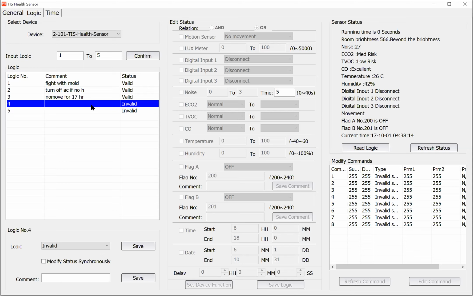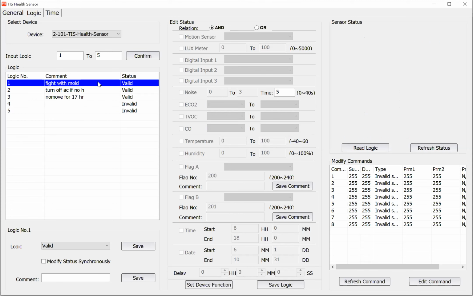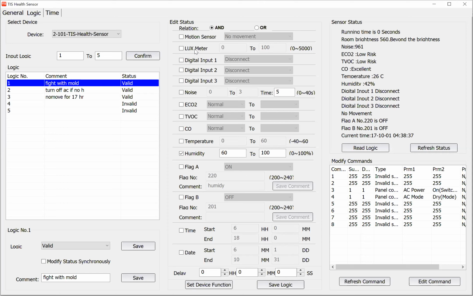Okay, here after 17 hours, it automatically turns on flag number 220, and if flag number 220 is on and the humidity is between 60% to 100%, then it turns on the air conditioner.